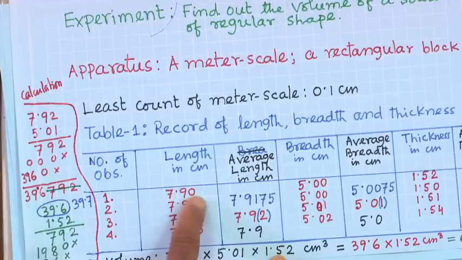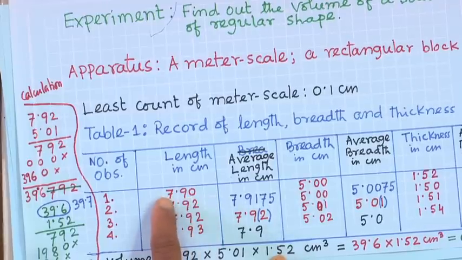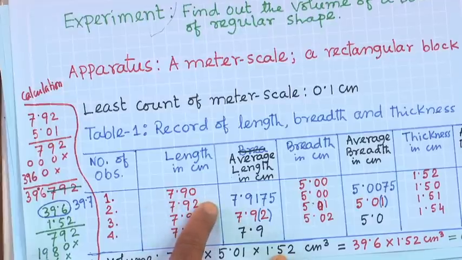So, you should not write the 0, you should write 7.9, but you can write 7.90, and then naturally up to the second decimal digit you can write.